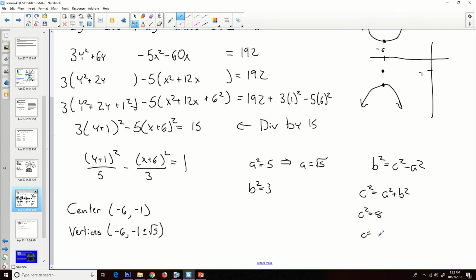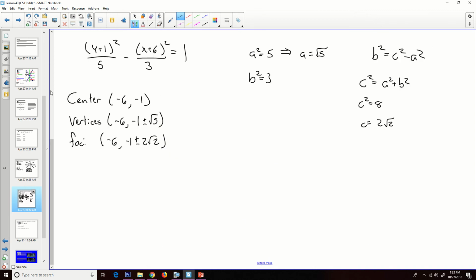So c equals 2 square root of 2. So my foci will be -6, and again, because they're going to be here and here, above and below, the x values don't change. And it'll be -1 plus or minus 2 square root of 2 for both of those.